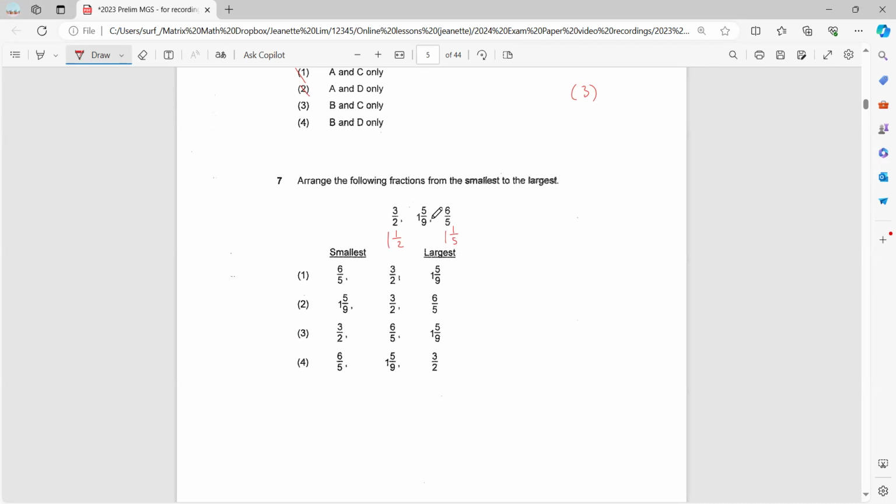We have half, 5/9, and 1/5. 5/9 is definitely the largest because it's more than half. This is half, and 1/5 is less than half. So 1/5 is the smallest. 6/5 is the smallest. This is the biggest, 1 5/9, so it's option 1.